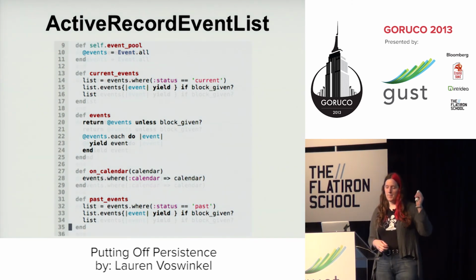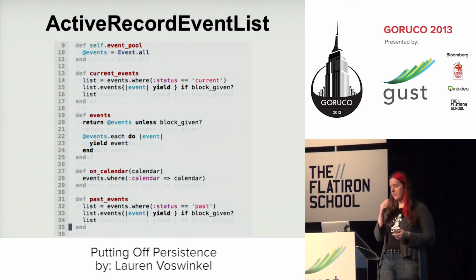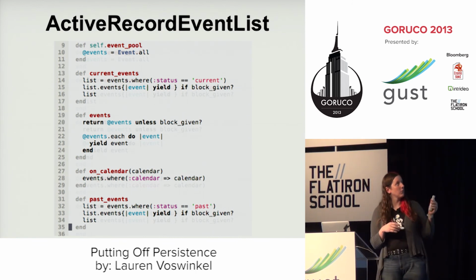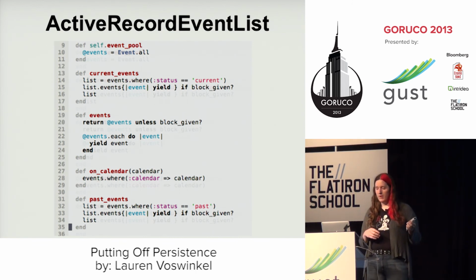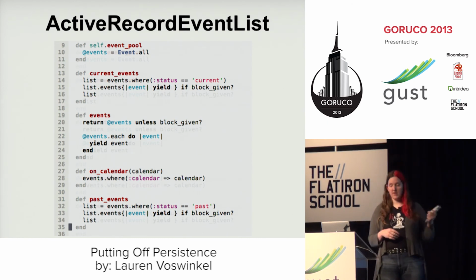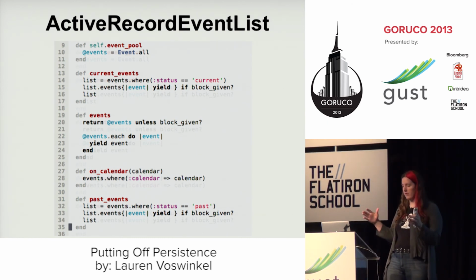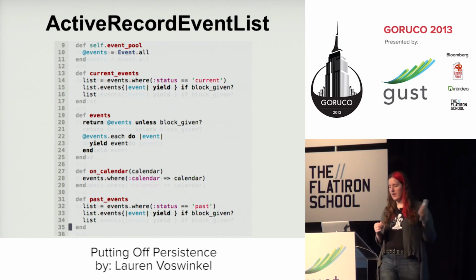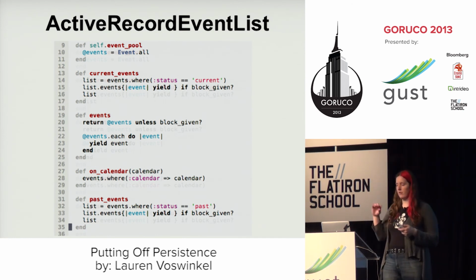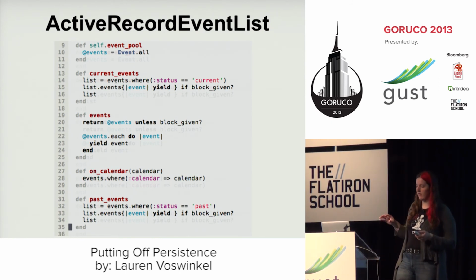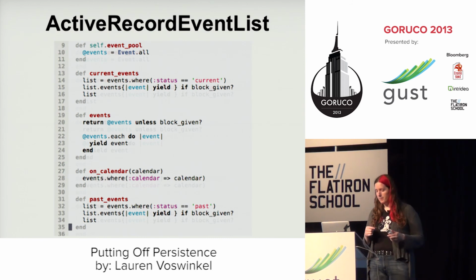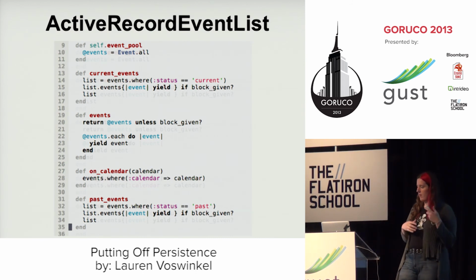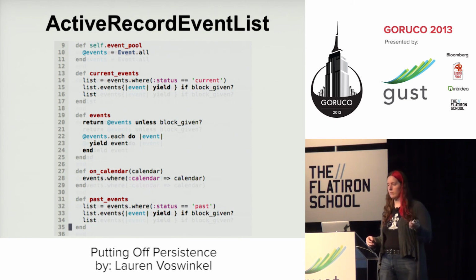So the Active Record event list would look something like this, where the event pool is now redefined as just Event.all. So it's reaching in and pulling out the entire collection as an Active Record association object. And then inside all of the scoping methods, you're just utilizing where to scope that, and then returning that as that Active Record association object so that you can chain.